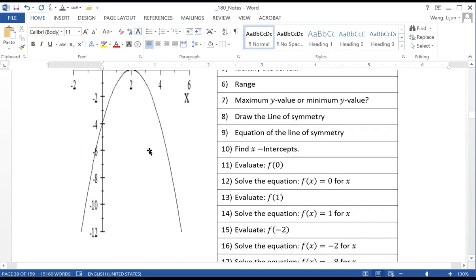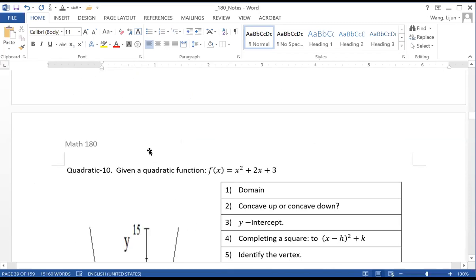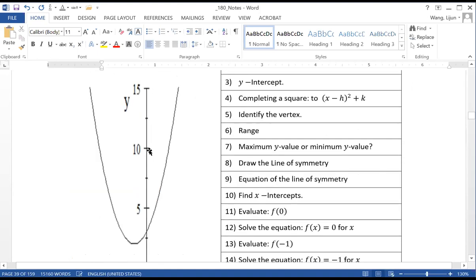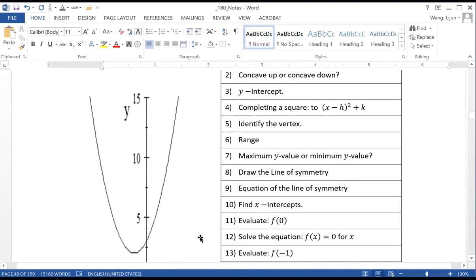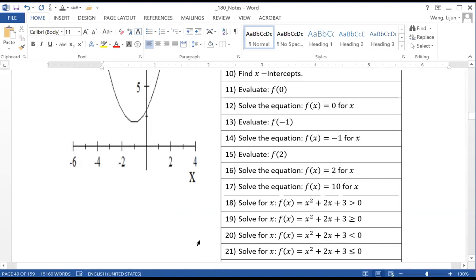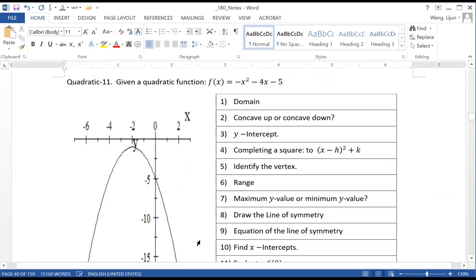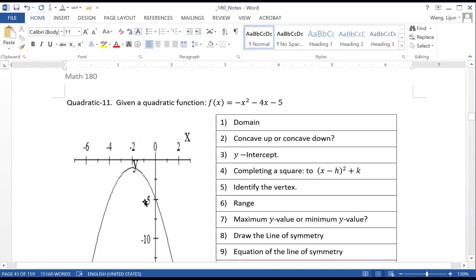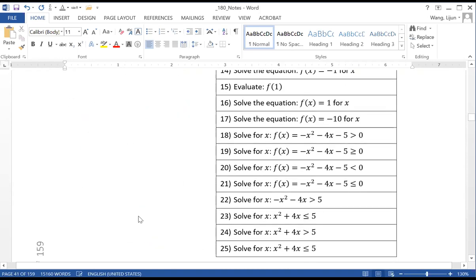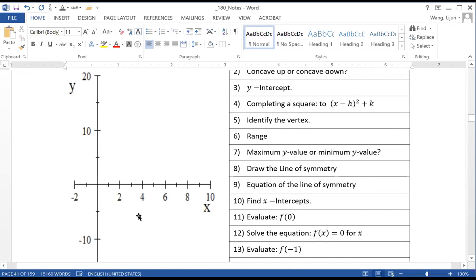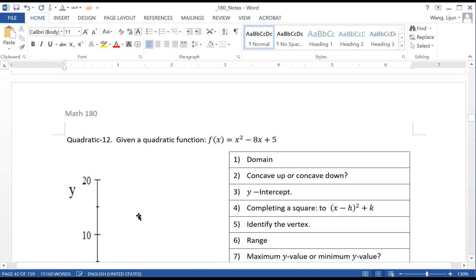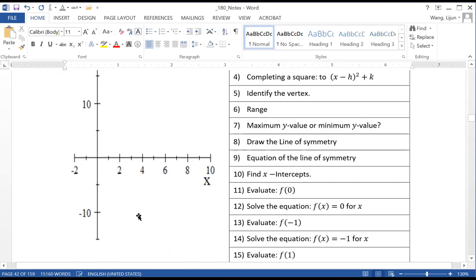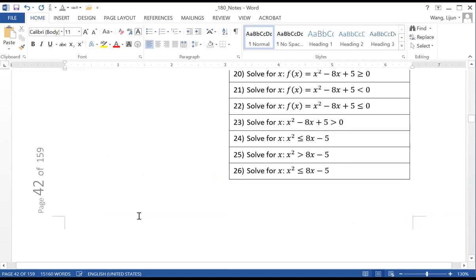So this is another kind of example. Quadratic 10, no touch. So we have all 3 cases covered in these examples. Completely opening down without touching the x-axis. So all of these cases are covered for you. If you go through these processes and do every one of them, you should be very, very good at quadratic by that time.